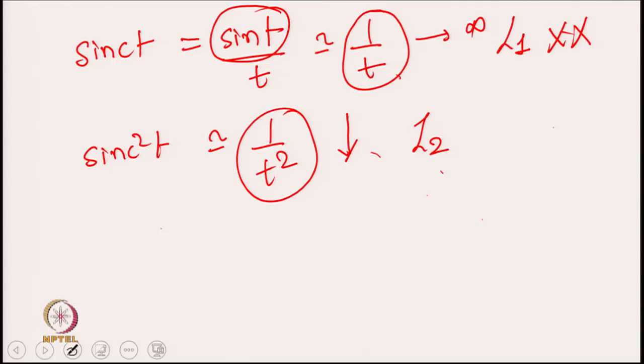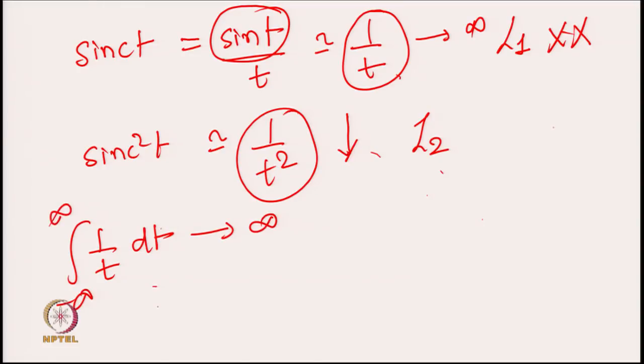This will be an L2 function because this quantity is going to be finite. So, you can simply check that the integral of 1 by t dt will be infinite if it runs from minus infinity to plus infinity, whereas the integral of 1 by t square dt is going to be finite.